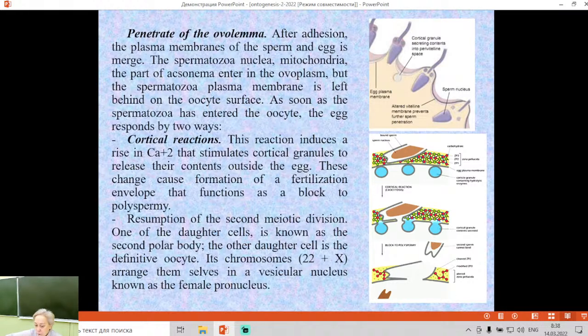You see on the film now. One of the daughter cells is known as the second polar body. The other daughter cell is the definitive oocyte.